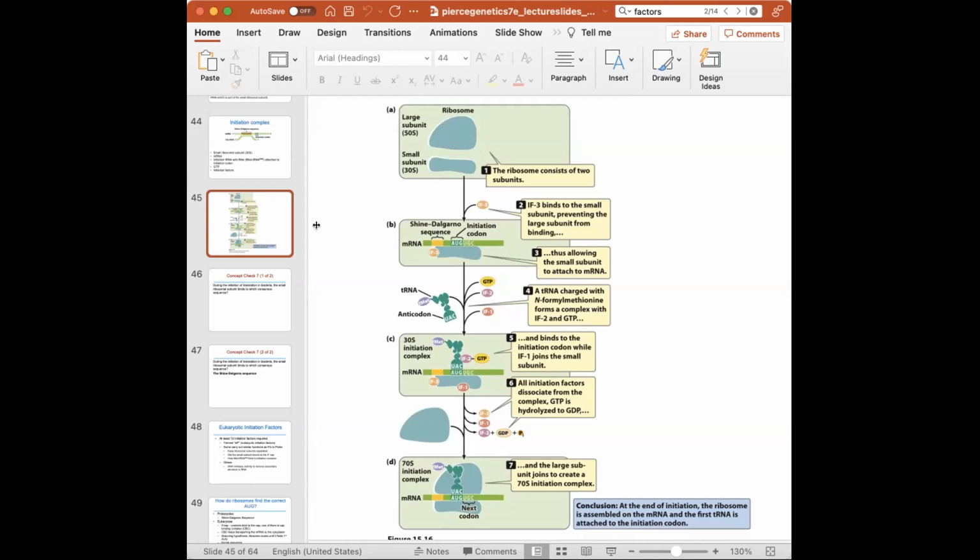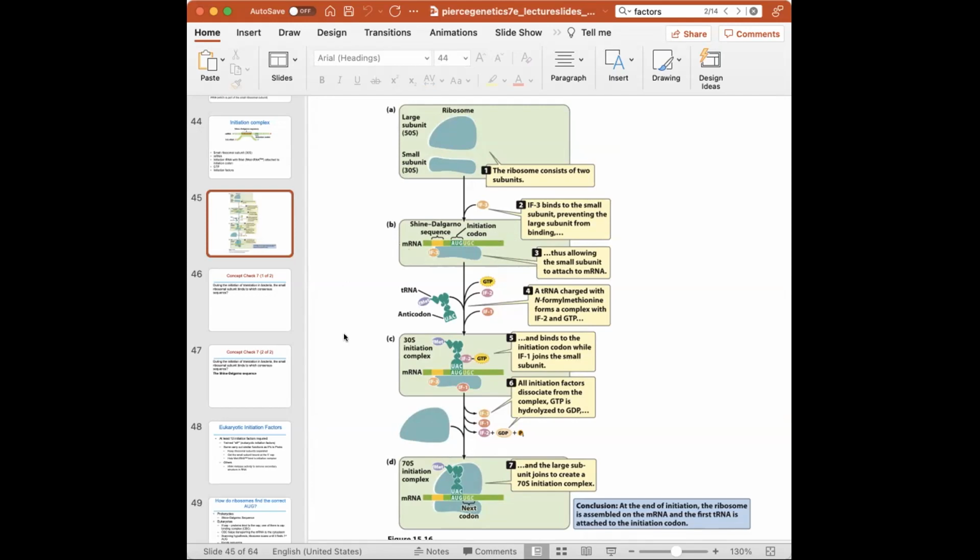The first thing that happens is your small subunit, the smaller subunit of your ribosome, is going to bind to that sequence. One of your initiation factors, IF3, comes in and helps your small subunit bind to your mRNA.